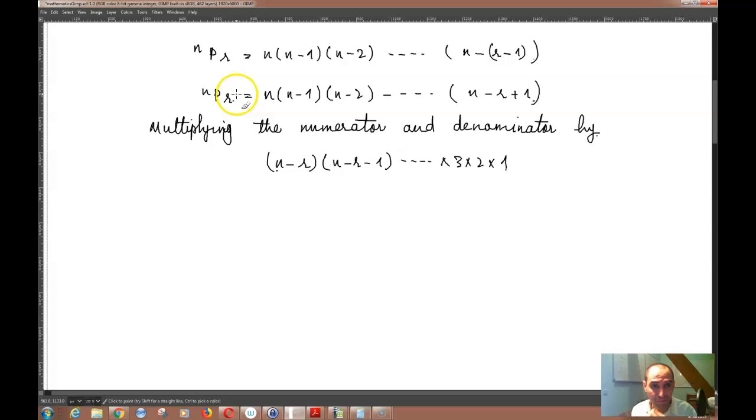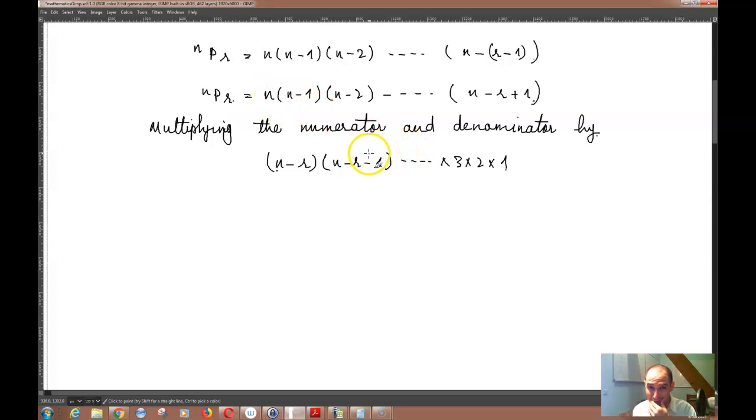You see this n permutation r goes from n minus r plus 1 all the way up to n. So basically you can think of this as n minus r plus 1, and that goes all the way up to n, right?